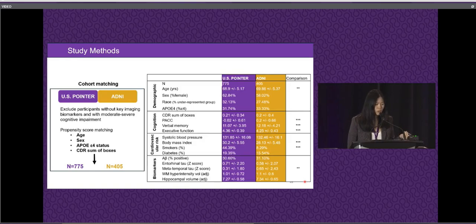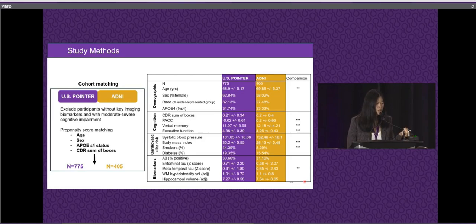So we did the cohort matching first because we would like to make the two cohorts comparable. For example, we would like to make sure they have similar clinical cognition conditions, and we would like to remove any potential confounding effects.